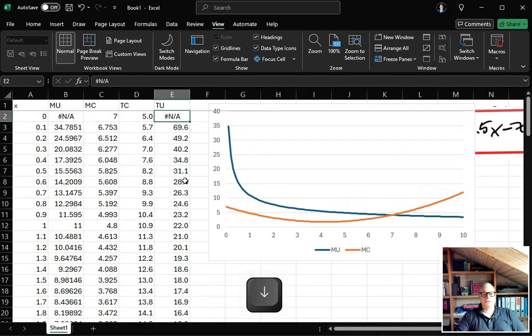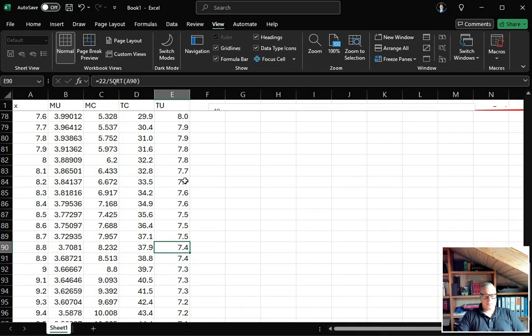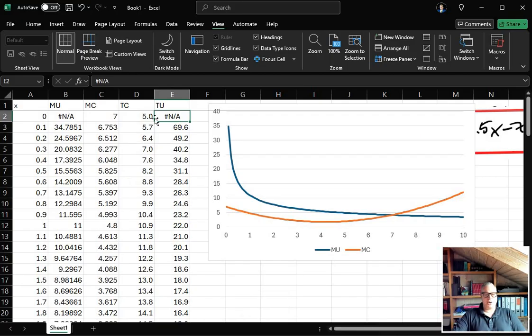That doesn't look right, there's something wrong. 22, total utility, square root. It's not divided. I thought I was still with the marginal.